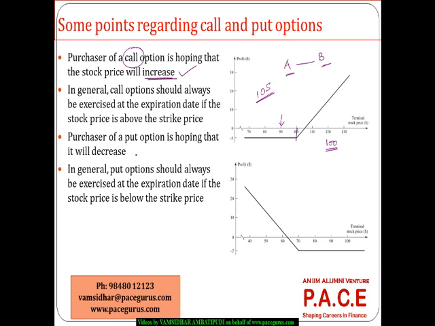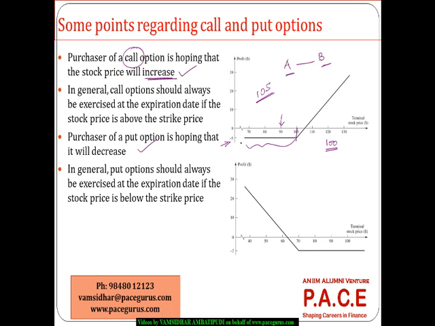The same logic in case of a put option: he is selling it at a fixed price and he can decide whether to sell it or not. So if the market price is much lesser than that strike price, that is when the holder of the put option will decide to exercise the option, otherwise he will expire it. And when he is expiring it, you can clearly see that it is the premium amount that is lost.